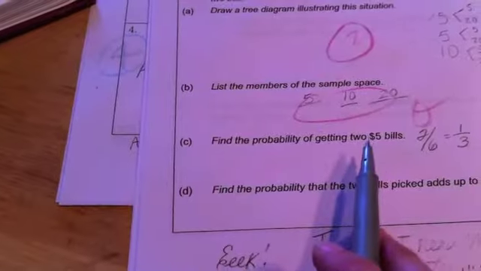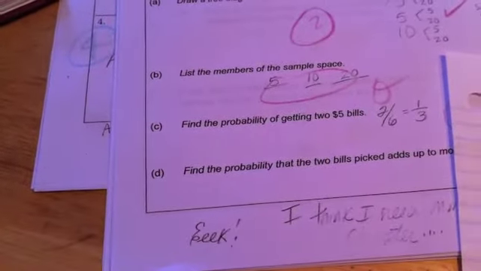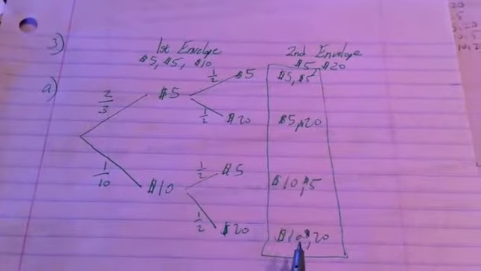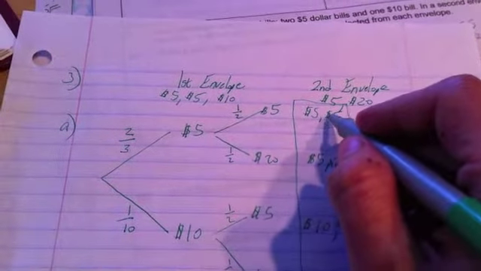And then for part C, find the probability of getting 2 $5 bills. All we have to do is look at our sample space and see that we have this outcome is getting 2 $5 bills.